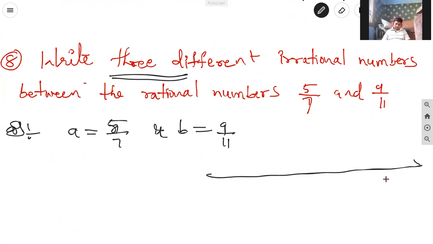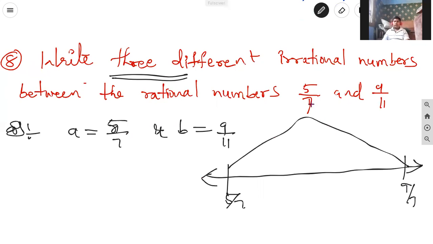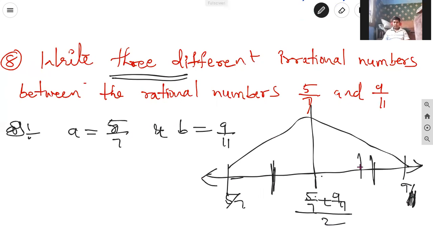Suppose on the number line I am taking roughly 5 by 7 and 9 by 11. The average of these two, 5 by 7 plus 9 by 11 by 2, is the middle value between these two. So let them be x1, x2, x3.